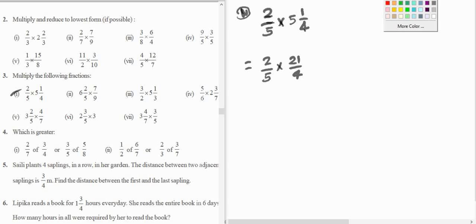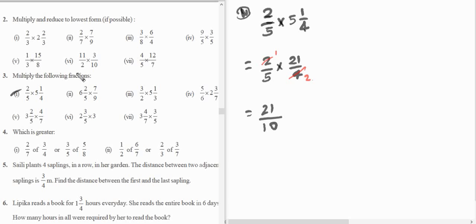Now you can cut it here. What can you cancel? 2 1s are 2 and 2 2s are 4, right? So 21 1s are 21 upon 5 2s are 10. You cannot reduce from here.